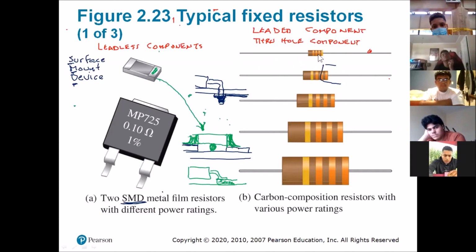This resistor is almost a 1/2 inch long. This one can be less than 1/4 of an inch long. So it's a lot smaller. It takes up a lot less real estate on a circuit board, which means I can make my circuit boards a lot smaller.